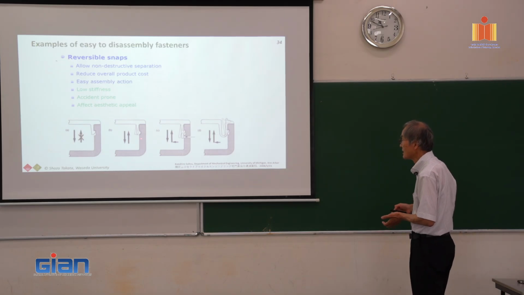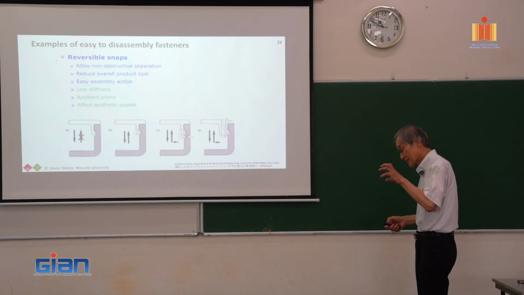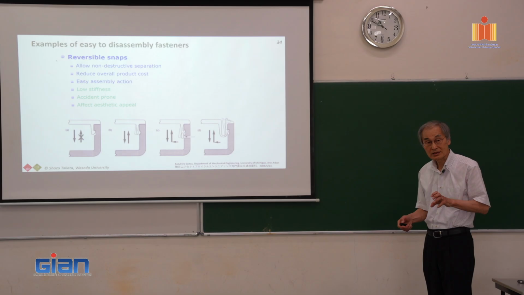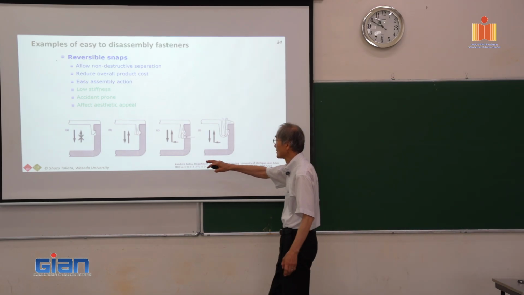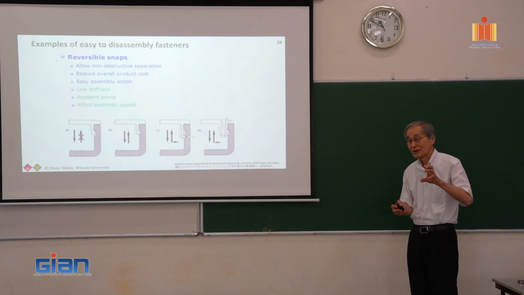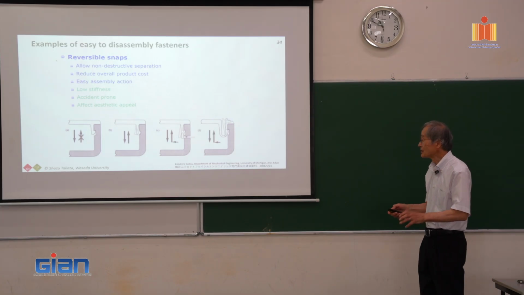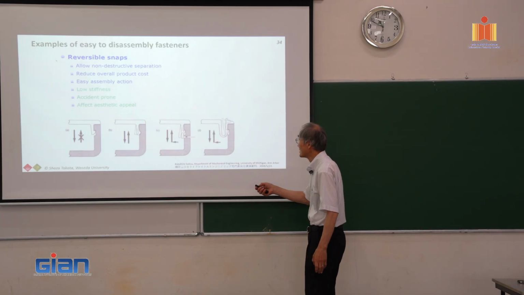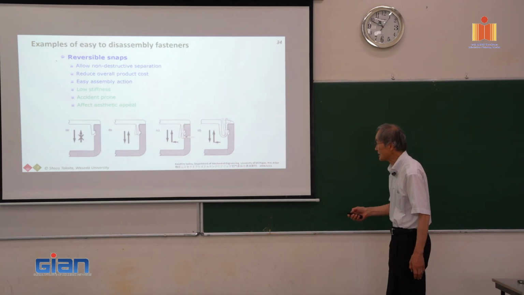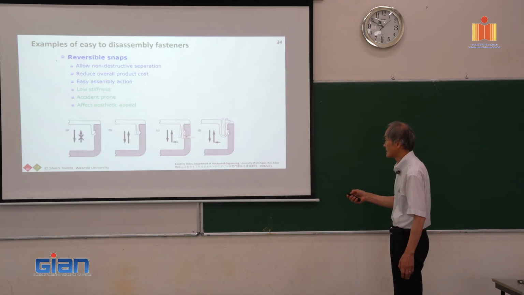But if you change the shape, you can disassemble just by pushing it. But sometimes, during the operation, it fails to remove it. So in that case, you can use this kind of assembly design, or like this one.